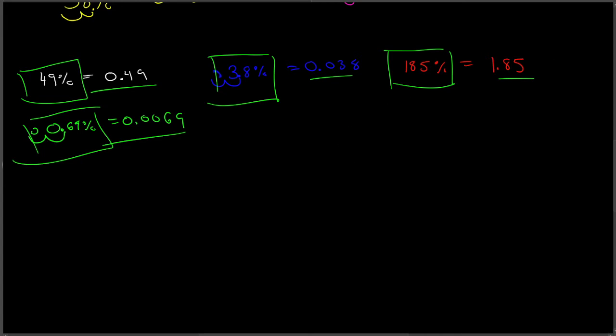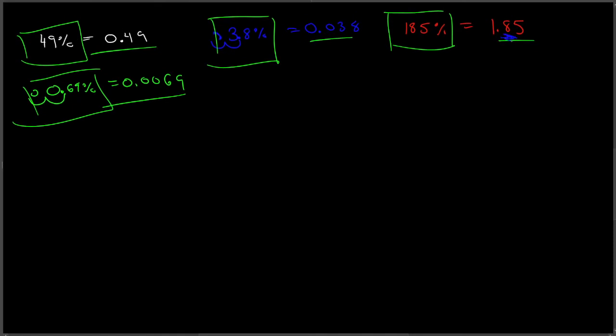We can also write percentages as fractions. Remember, decimals are a special form of fraction, and percentages kind of hint at decimal fractions. So 7% is equal to 7 times 1 over 100, or 7/100. 60% is equal to 60 times 1 over 100.